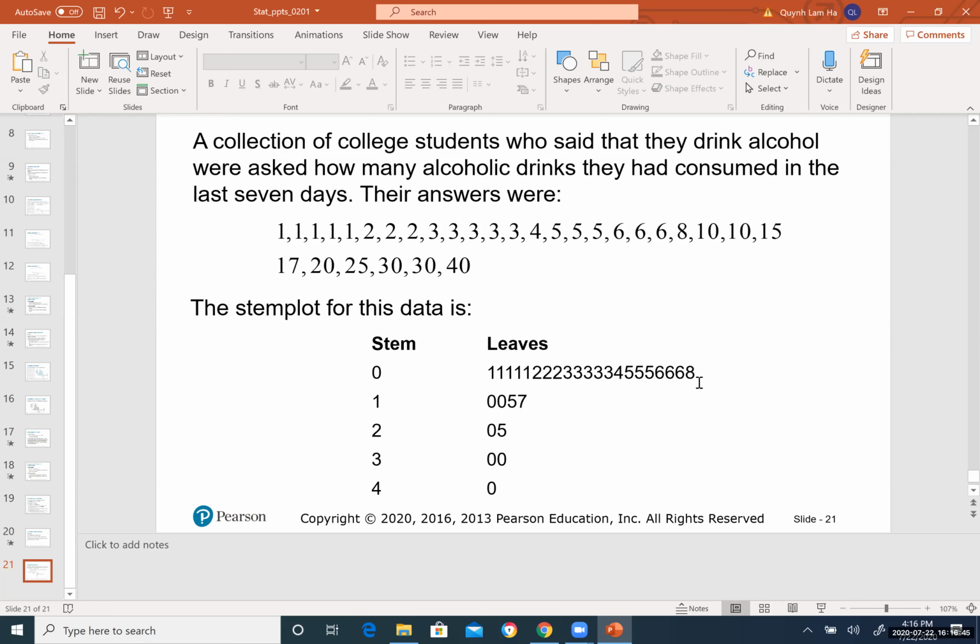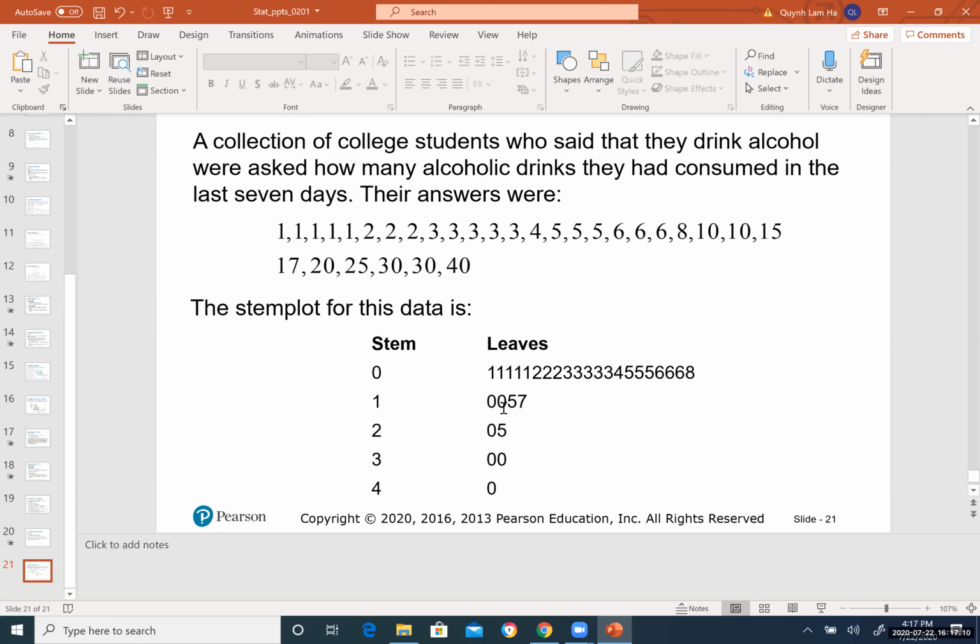So you see that here, then you can read and count. Like 5 people drank 1 cup in 7 days, 3 drank 2 cups in 7 days, and so on. For stem number 1, it's from 10 to 19. So let's count: you got 10, 1, 2, 3, 4, you write down 4.